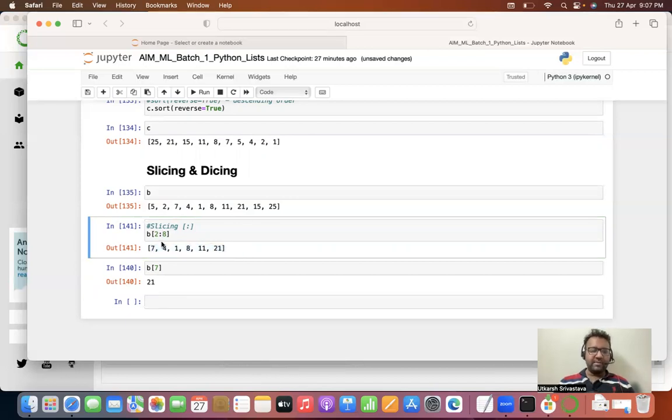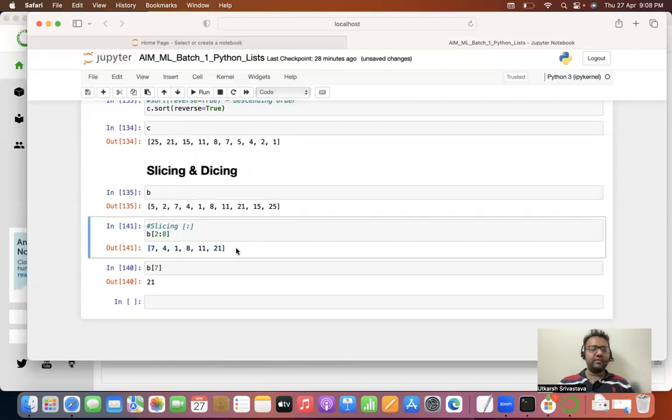So what happens is that the one on the right side of the colon gets excluded. The one on the right side of the colon gets excluded.